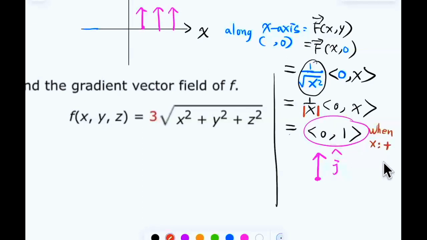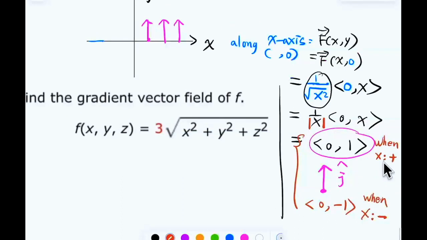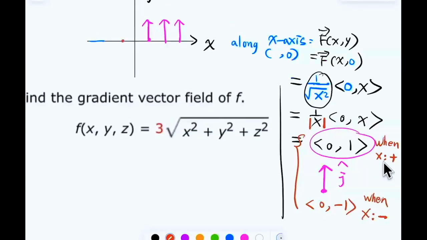What happens when x is negative? 0, negative 1. When x is negative, yes, you got it. So when x is positive, it will be the j vector, but when x is negative, it actually goes down like this. It's a negative j vector right here.